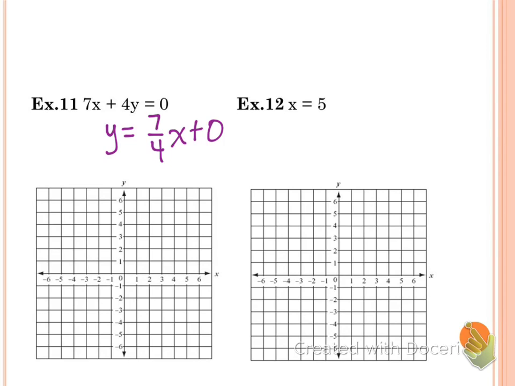I would agree with that. So when we move the 7x over, we would have to subtract it, making it negative. And then we're dividing by a positive 4, so it still would be negative. Again, if you don't want to put the plus 0, you don't have to. You can just write it as negative 7/4 x. Y equals negative 7/4 x.